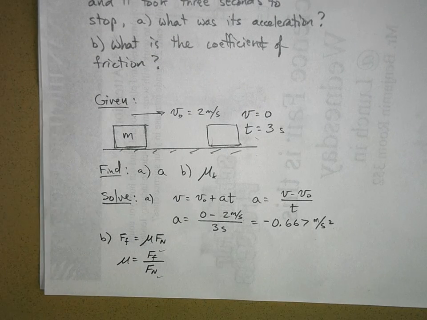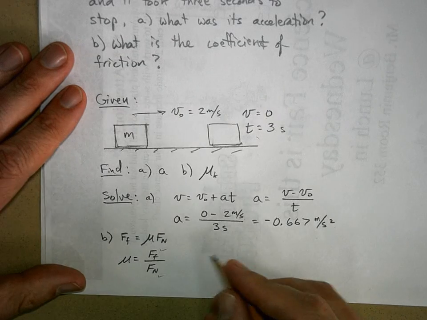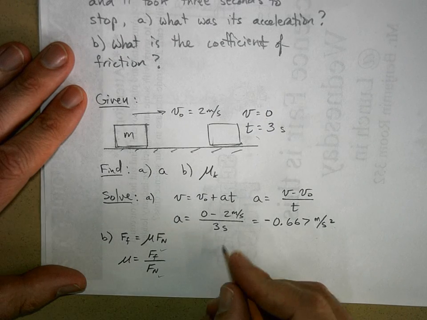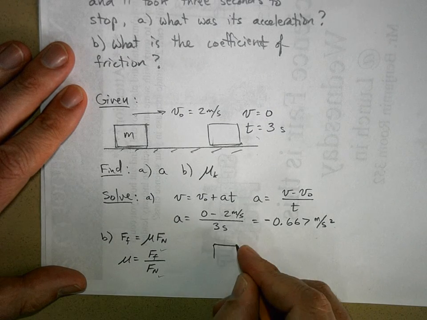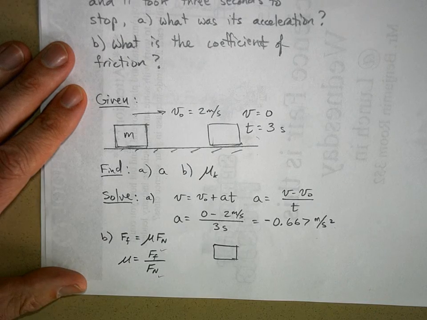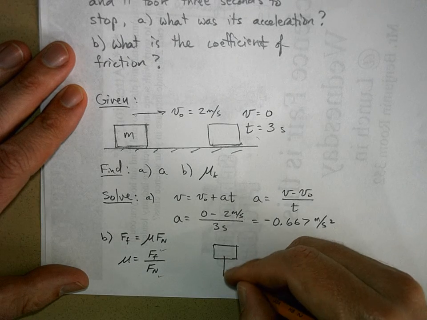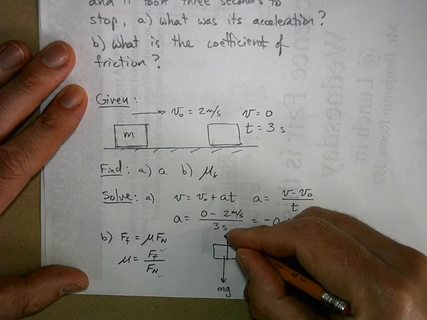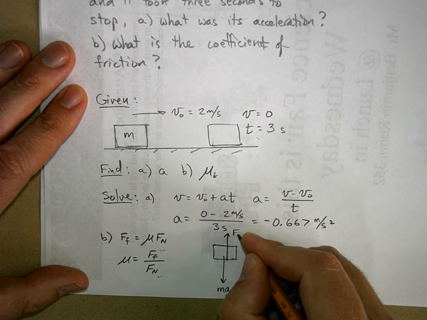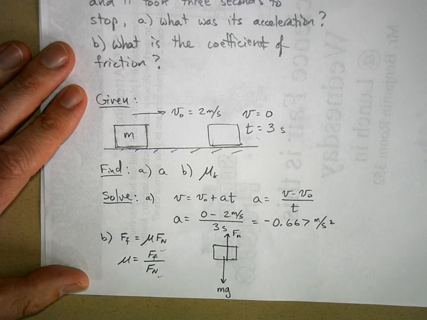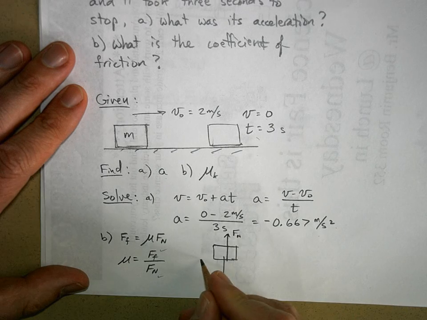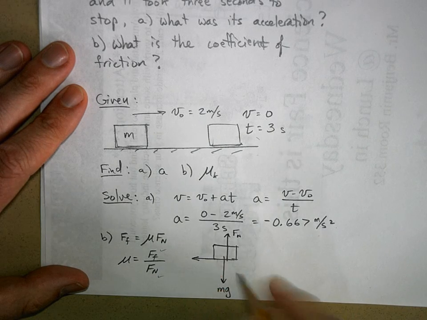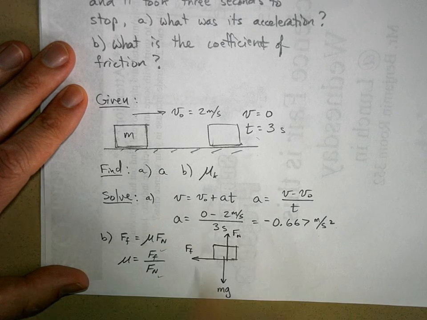And when I'm trying to find forces, I use the procedure. So I'm going to isolate my object of interest, my crate. I'm going to draw a free body diagram of it. I've got the weight pulling it down, mg. I got the normal force of the ground, supporting its weight. And as it's sliding to a stop, the only other outside force acting is the force of friction.